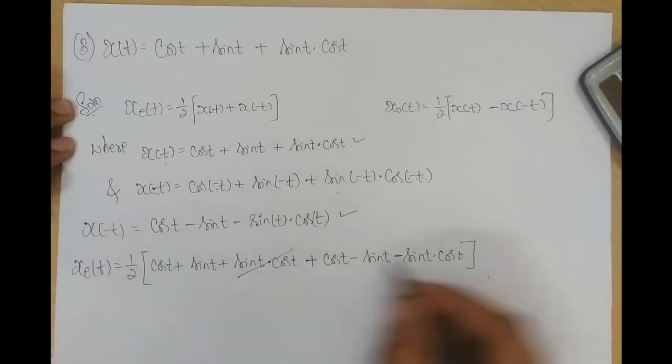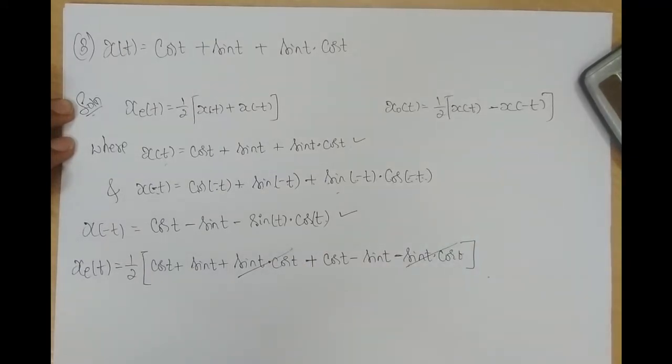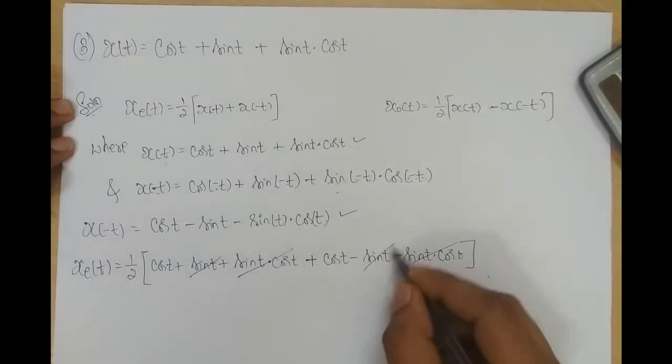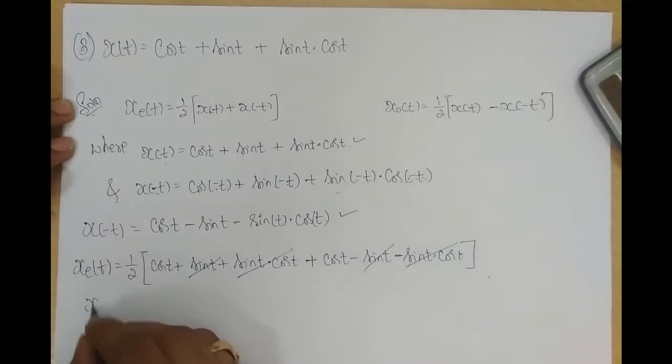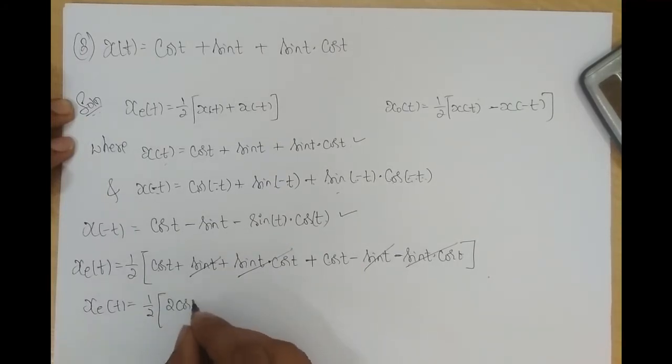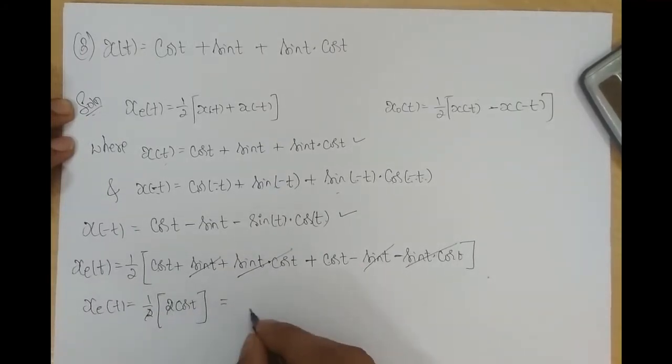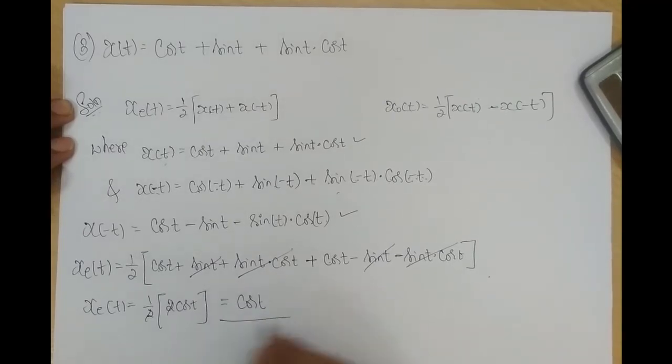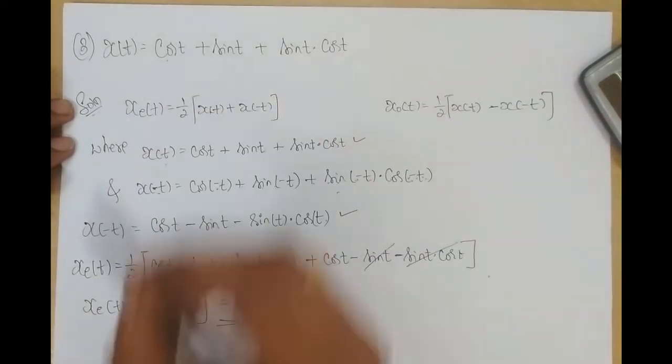So plus sin t cos t minus sin t cos t cancels out, plus sin t minus sin t cancels out. So x even of t is 1 by 2 times cos t plus cos t, which is 2 times cos t. So 2 cancels out, and this is equal to cos t. So the even component of the signal is cos t.